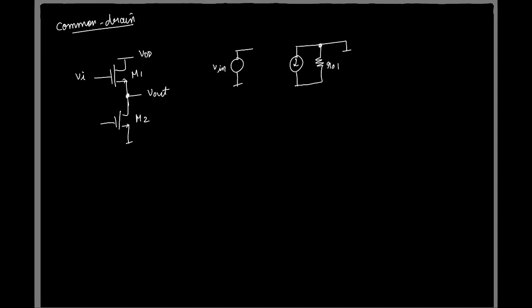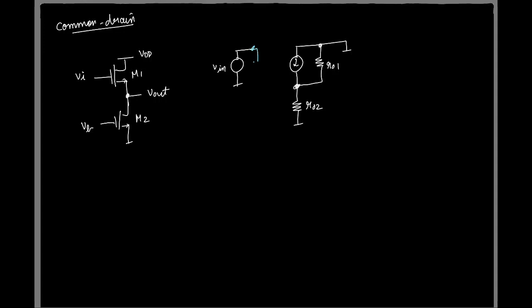So this is r0 of the transistor M1, and this is basically connected to some bias voltage for M2. So how does M2 behave in small signal? It's not a short, right? It just only has an r0, right? r02.